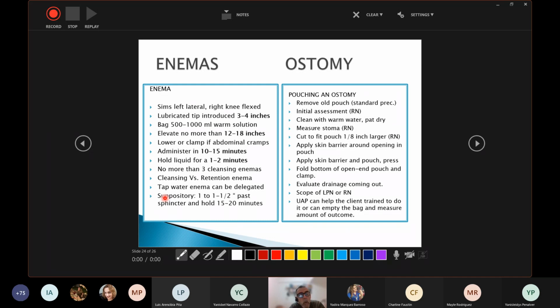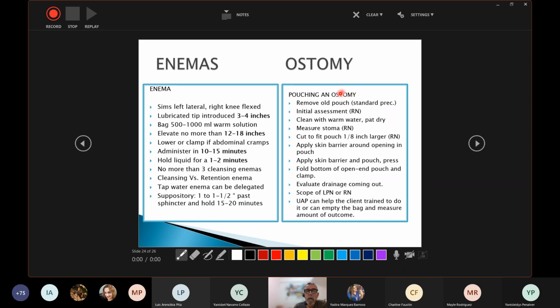So the suppository is going to be cold, lubricated with water-based lubricant, and introduced with clean gloves, of course, until going beyond the sphincter, usually 1 inch or 1.5 inch beyond the sphincter.